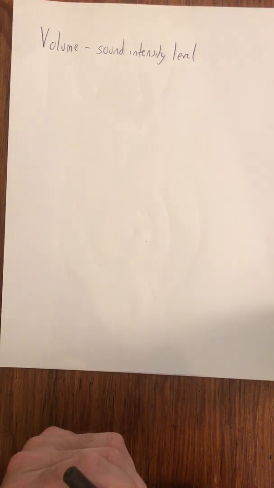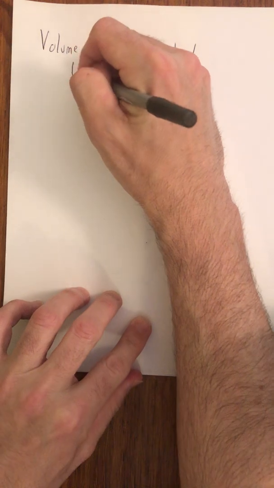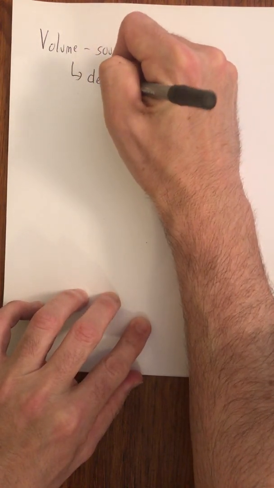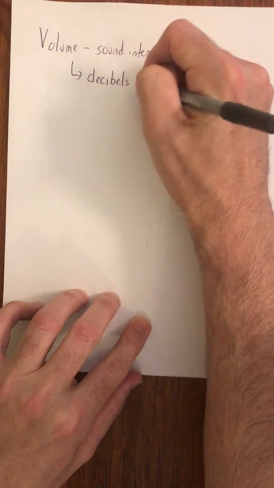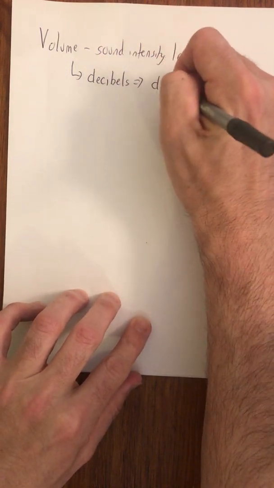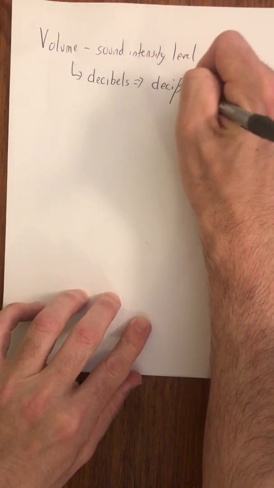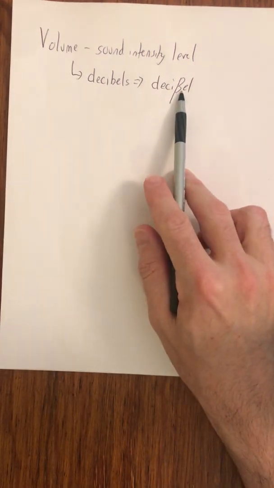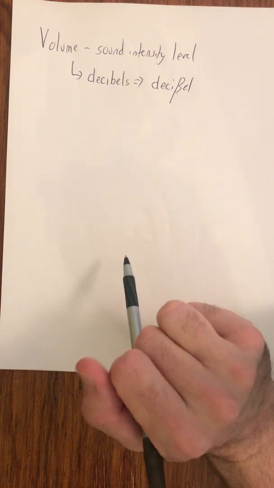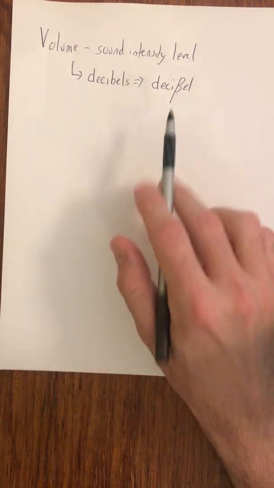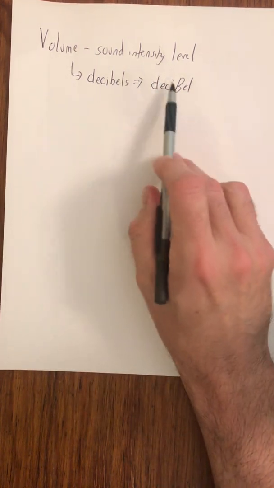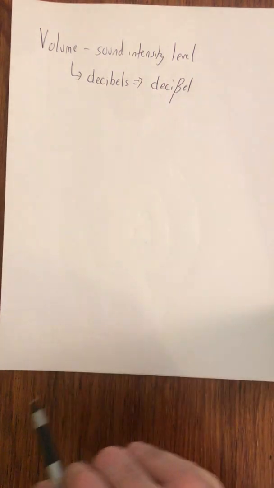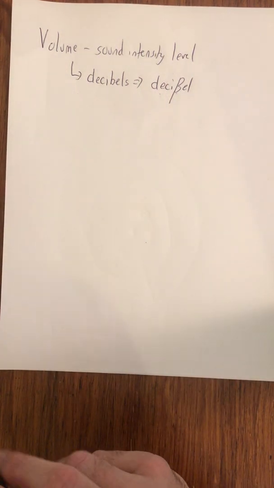So, sound intensity level or volume is measured in something called decibels, right? Or really, I should properly write this as decibel with a weird looking B there. It's actually the Greek uppercase letter beta, because that's going to be the symbol for it. And deci, hopefully we know, means 10, right? And so that's really important in terms of how this thing is defined.